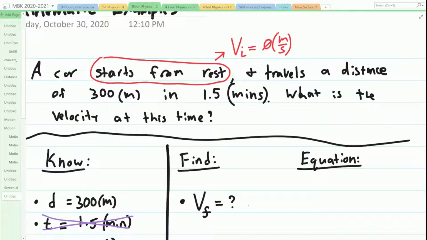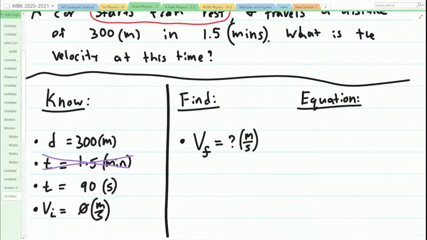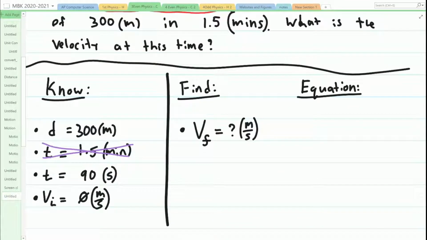So it's asking us to figure out what our final velocity is, and this is going to be in units of meters per second. Does that make sense? Is there any confusion so far? If you're confused, this is the time to ask me.